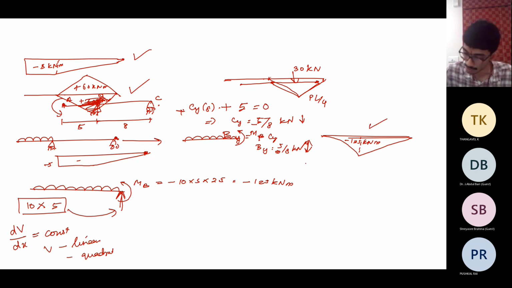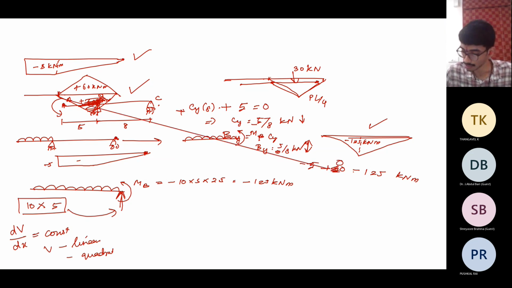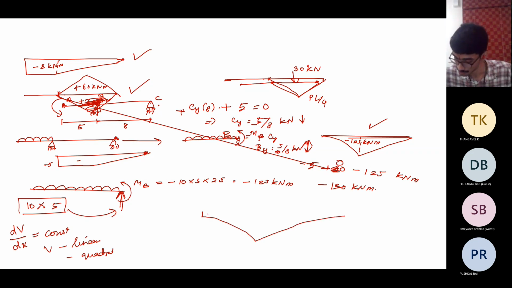You get at this point minus 5 plus 60 minus 125 kilonewton meters. Sorry, it's not 60. At this point, it is 0. So in this case, it is 0. So the maximum moment is minus 130 kilonewton meters. So the final moment diagram will look something like this. This is what it looks like.